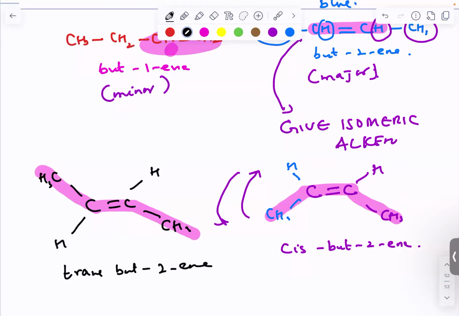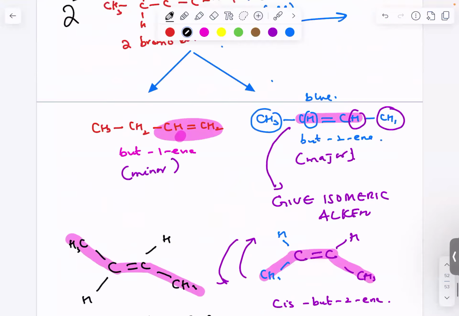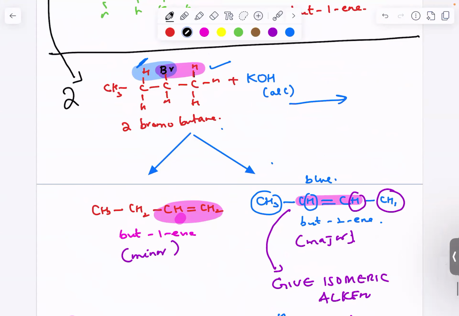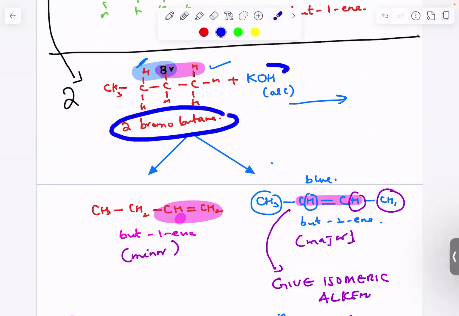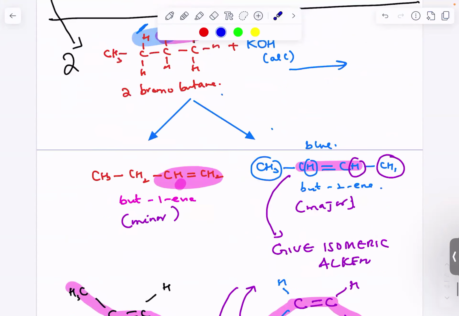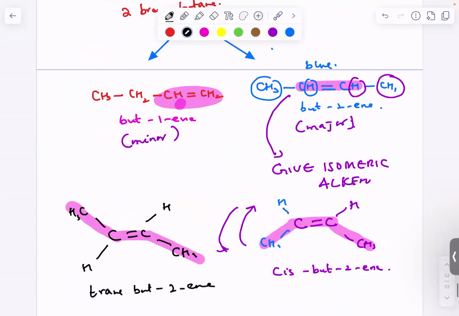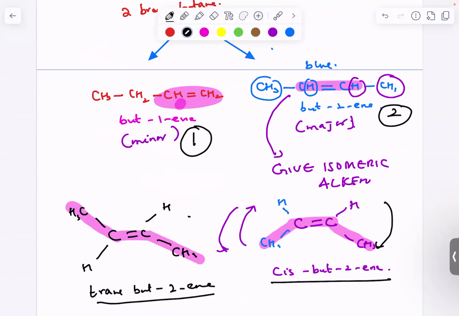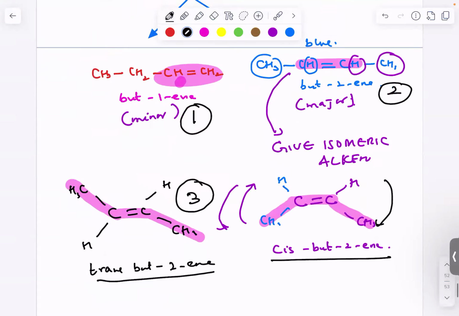So it's a very hot favorite question of the examiner: when you react 2-bromobutane with alcoholic KOH, how many products will you get? Most of the time students write but-1-ene and but-2-ene. They forget to make the isomeric alkenes, that is cis-but-2-ene and trans-but-2-ene. So most of the time they forget the third isomer.